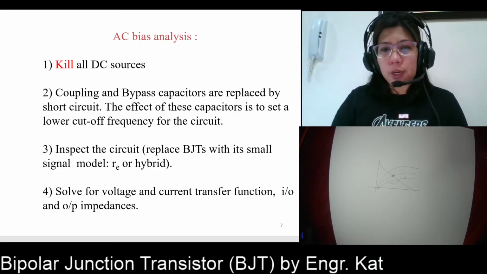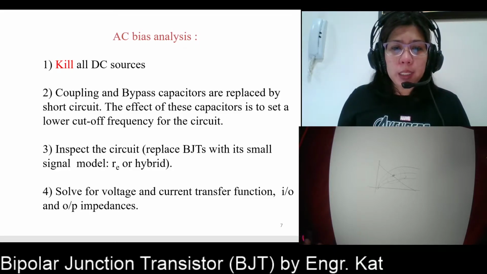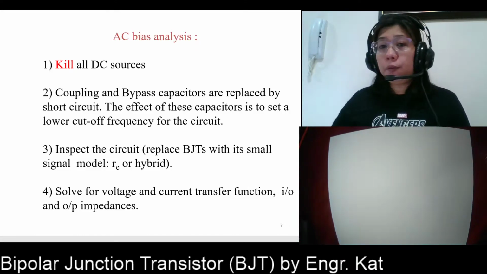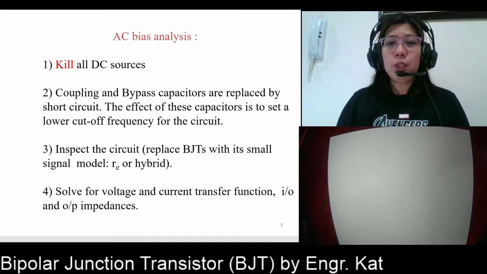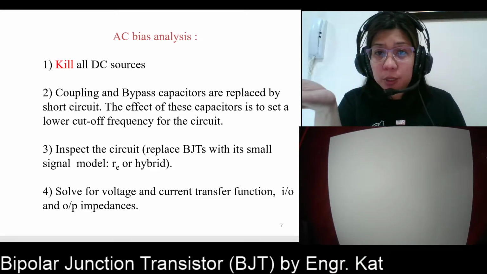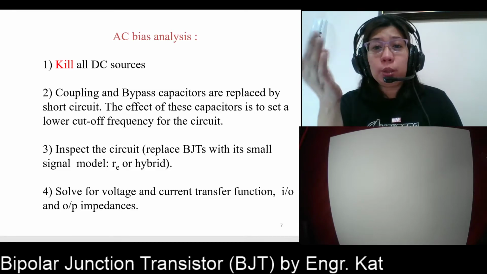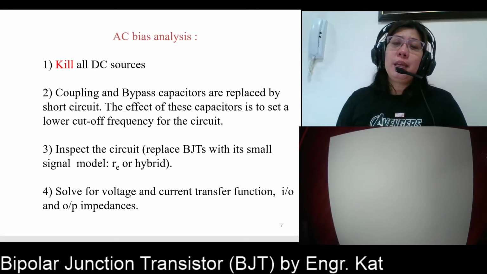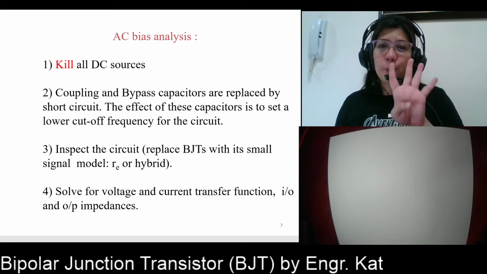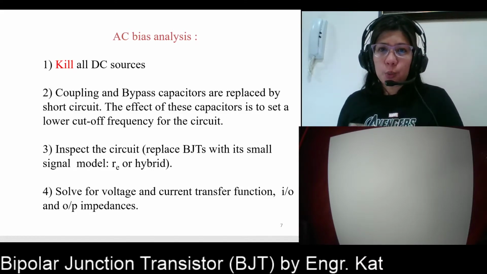So the good news here, class, is for AC analysis, we are going to consider only four parameters. Unlike for DC, where you have three currents and several voltages to solve for, in AC analysis usually we only have four important parameters to consider. What are those four?